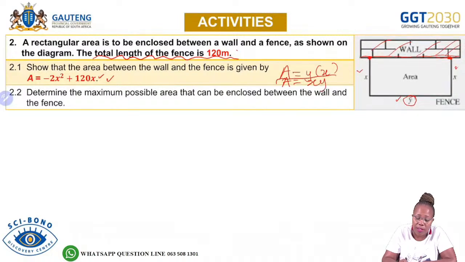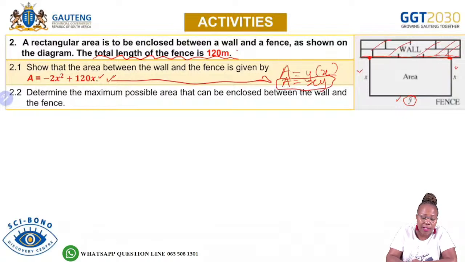Will this help us? No, because now we are looking at the area in terms of x only. That simply means we need to change this y and write it in terms of x. I hope you already know how to do that because we did this on our previous activity. So we are going to start, grade 12, from the given. What is given?